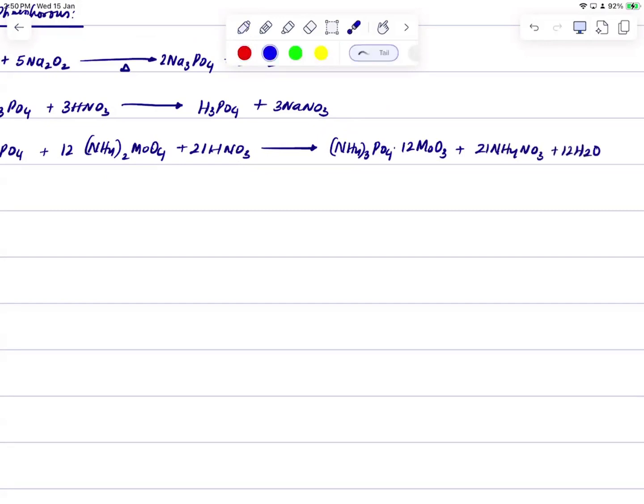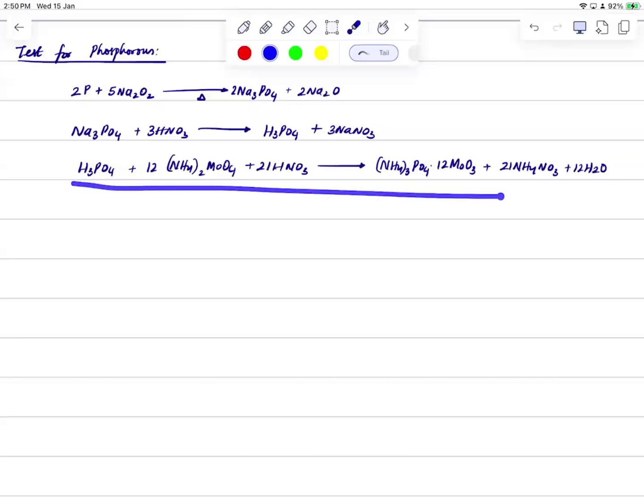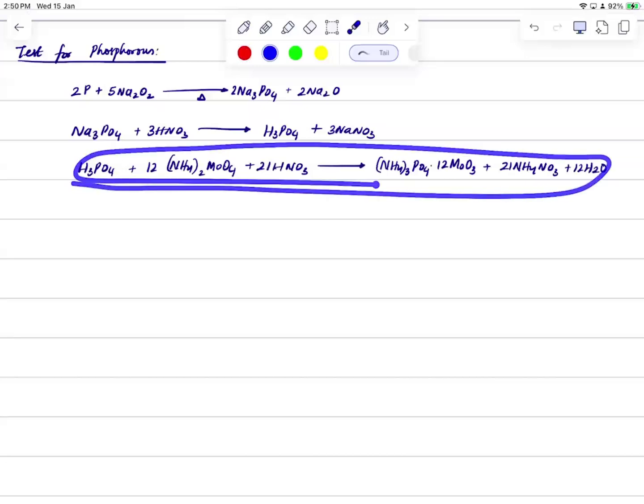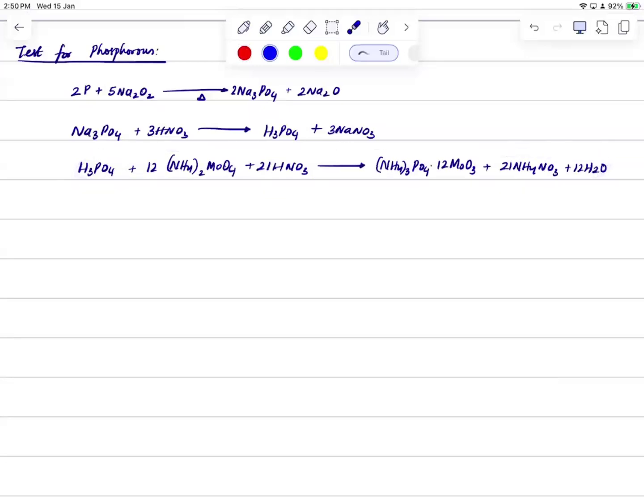I would strictly suggest you mug up this entire balanced equation, guys. Anything could be asked from here because this is also going to be used in quantitative analysis. So better learn it. Learn what the formula for ammonium phosphomolybdate is in this case. Got it?